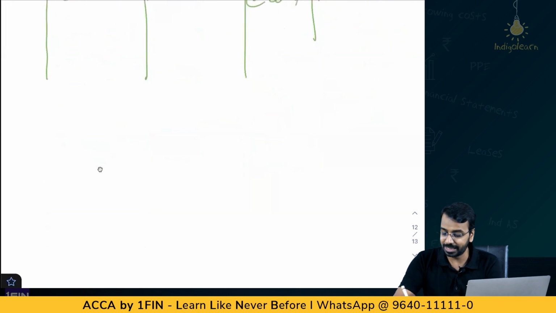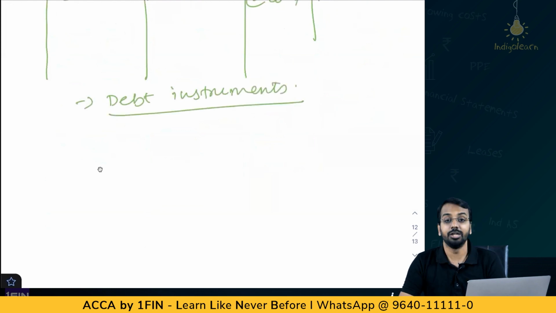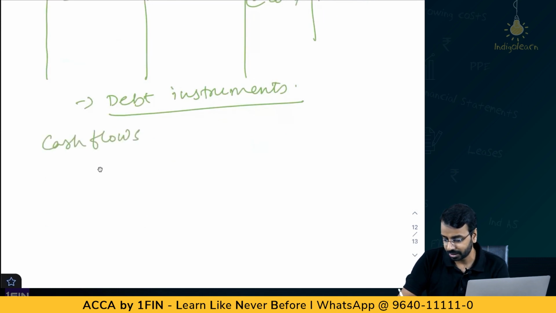Now, this is used in case of debt instruments. You cannot use the amortized cost method for equity. You will have to use the amortized cost method for a debt instrument where cash flows are only principal and interest.